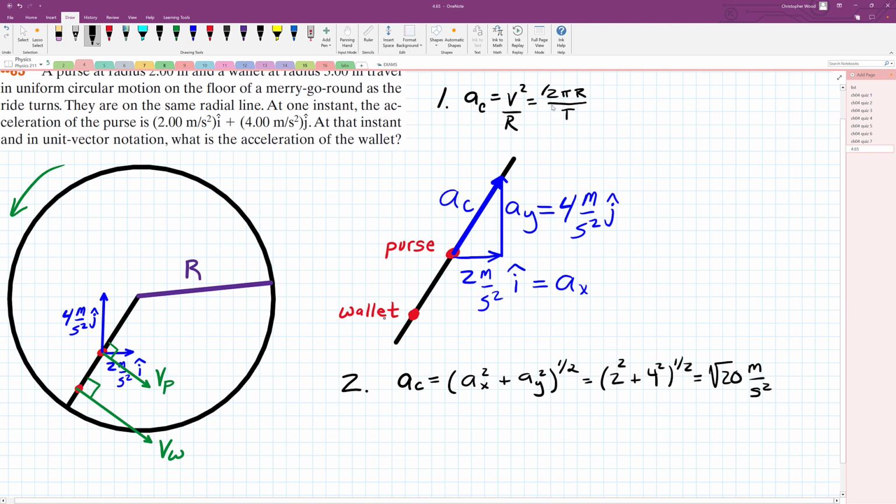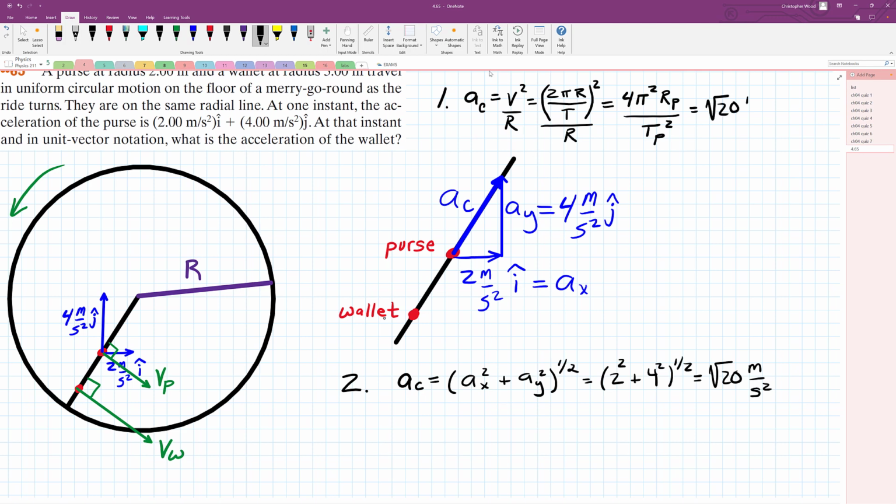So here's velocity. Now all I need to do is square it like you see me doing here. That's my numerator. Here's my denominator, r. And now I'm going to simplify it and use subscripts because I can't forget about my wallet. Once again, for the purse, this value equals the square root of 20 meters per second squared.